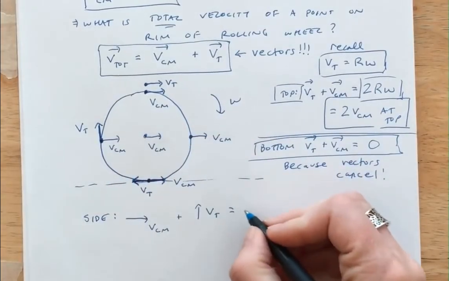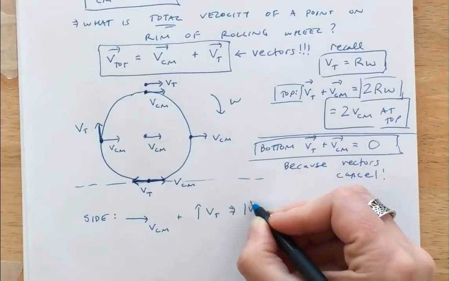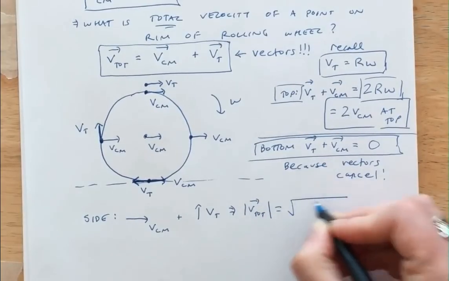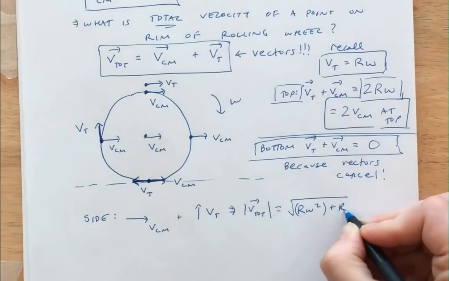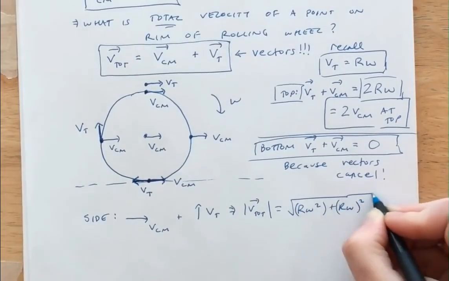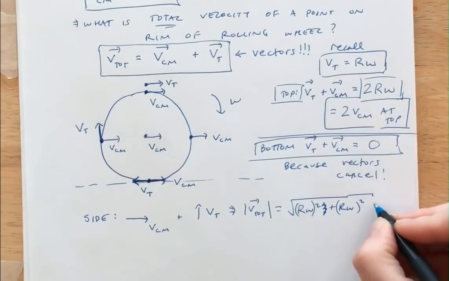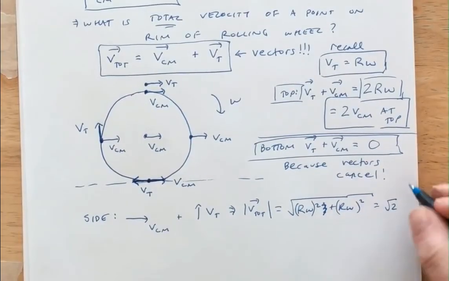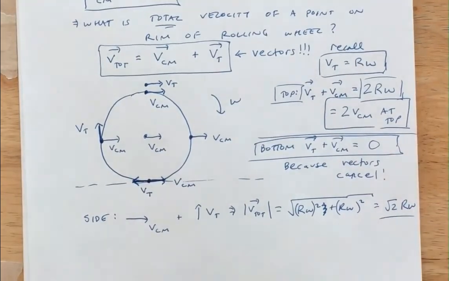Then the magnitude of v total would be the square root of (r omega) squared plus (r omega) squared, which is the square root of 2 times r omega, the velocity of the center of mass.